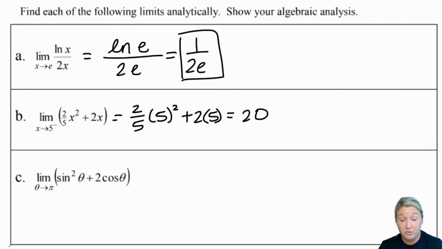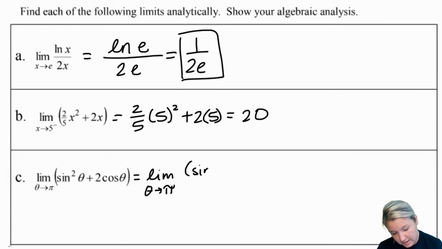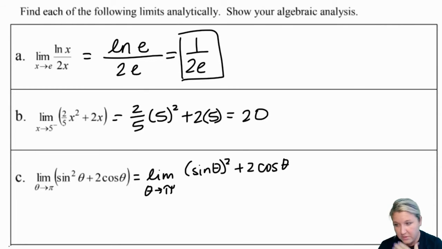All right, so I'm going to talk through this trig one here. I'm going to rewrite this as the limit as theta approaches pi of sine theta squared plus 2 cosine theta. So rewriting that, and then I'm going to plug in substitution.